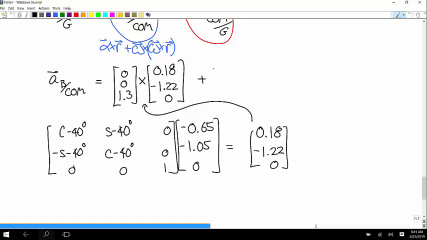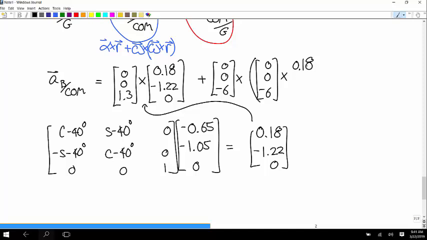And then the omega vector was given, 0, 0, negative 6, crossed with the quantity 0, 0, negative 6, crossed with 0.18, negative 1.22, 0. And can someone calculate that?